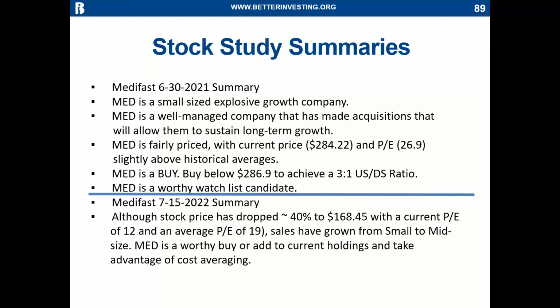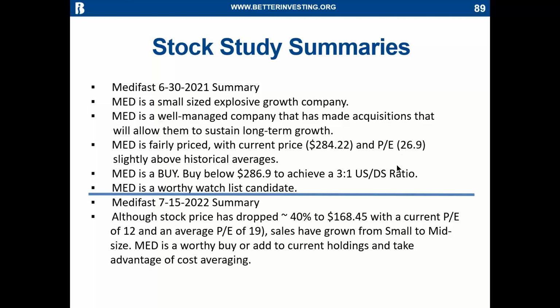They were fairly priced back in 2021 at $284.22 with a PE of 26.9, which was above historical averages. And if you look down into the 2022 summary, the stock price dropped around 40% to $168.45 with a current PE of 12, which is less than half of what it was back in 2021.